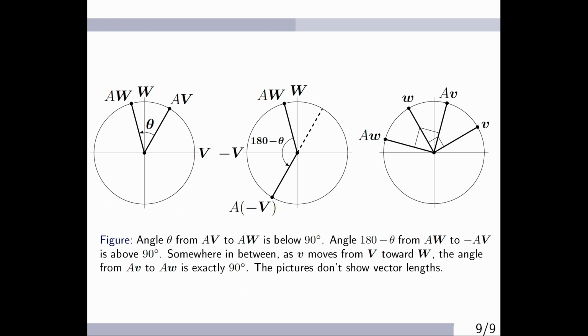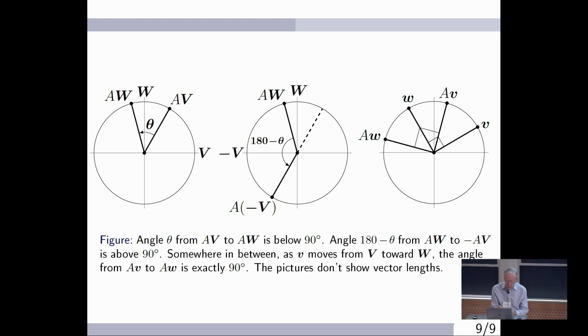First, let's try V and W to be the coordinate vectors. V is the orthogonal vector 1, 0, and W is 0, 1. When we multiply by A, we don't get orthogonal vectors. Av is somewhere, Aw is somewhere, and unless it's a very exceptional matrix, their angle is not 90 degrees, some angle theta.